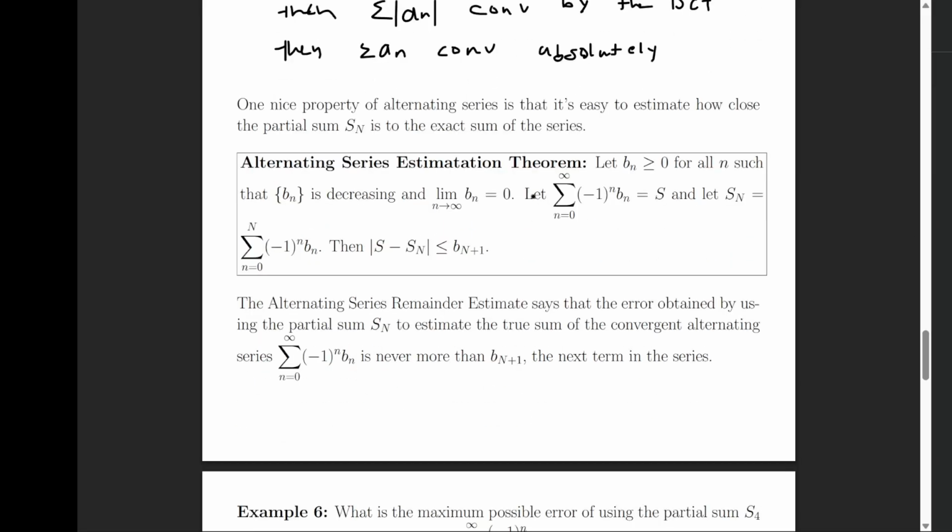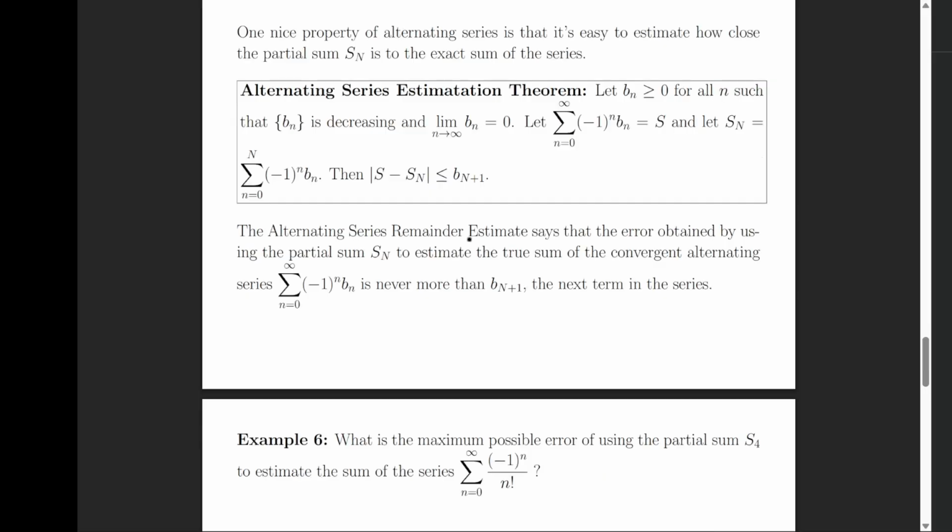Okay. So basically, here, I'll write it out. This theorem is when we have an alternating series, it's going to look like this, right? So whatever that is, when you write it all out, it's going to look like this.